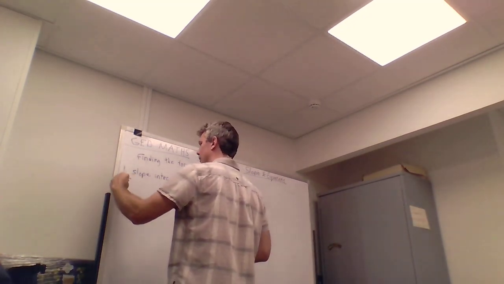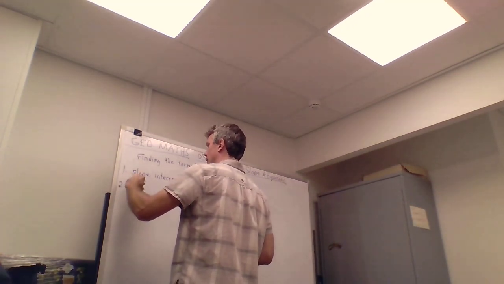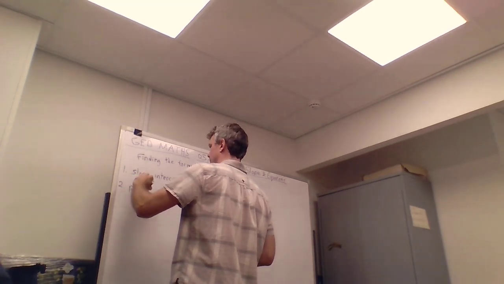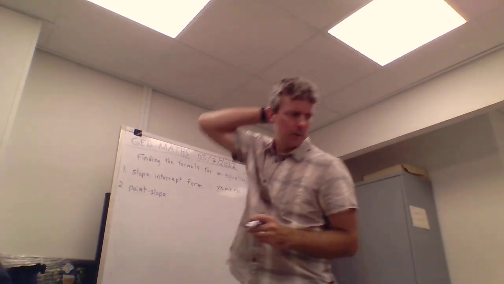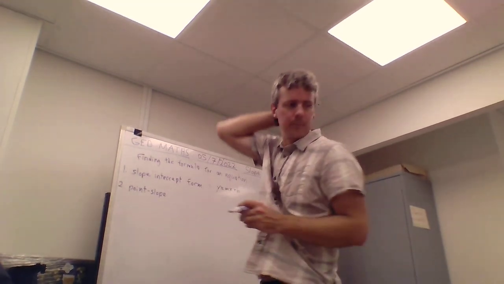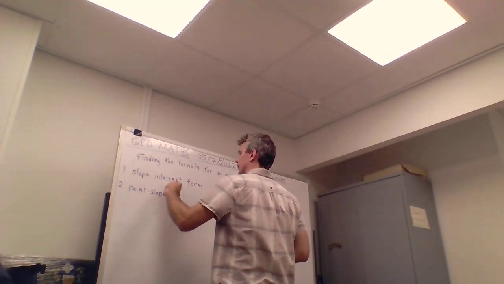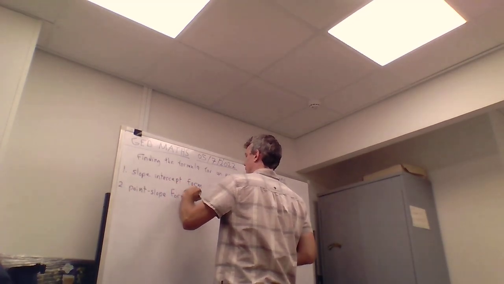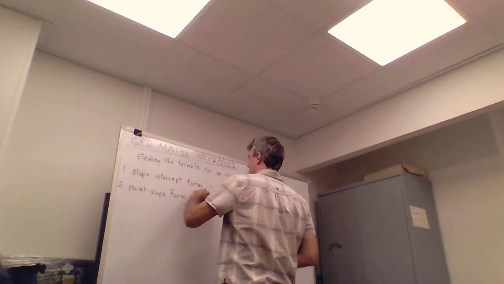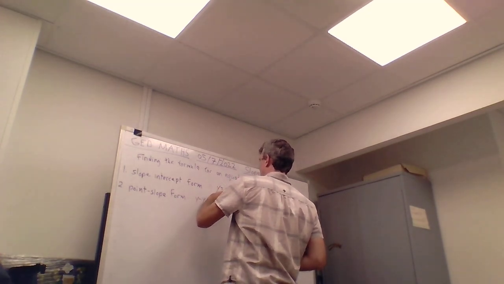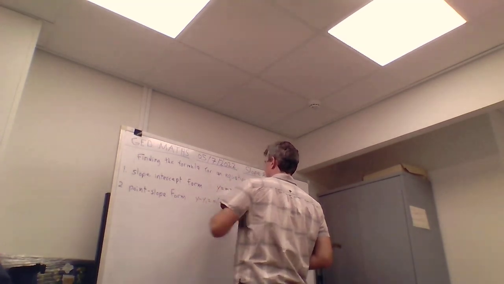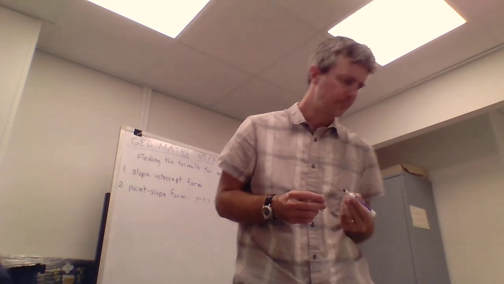And the second one is called the point-slope form, and that is y minus y1 equals m times x minus x1. Okay?